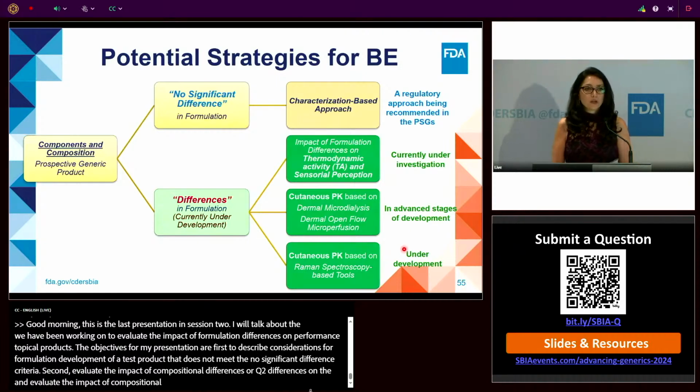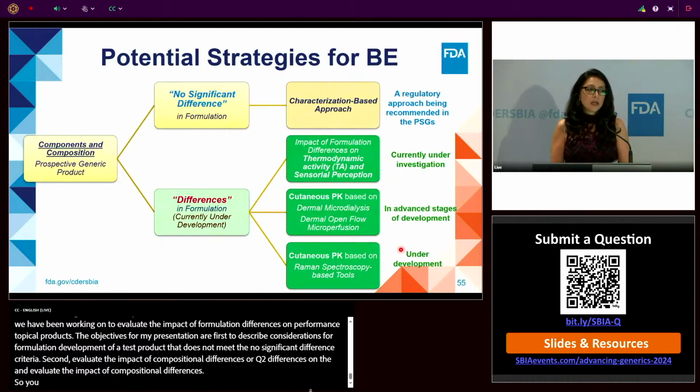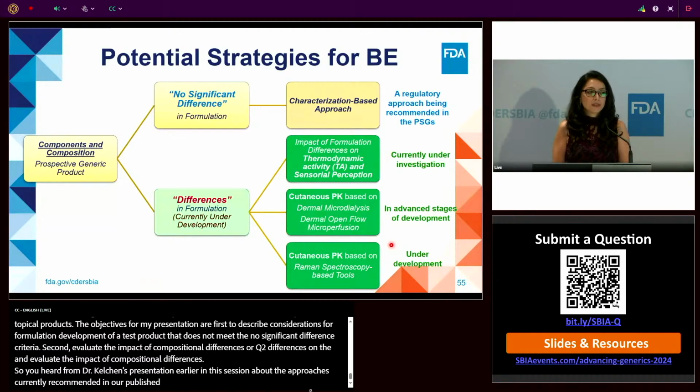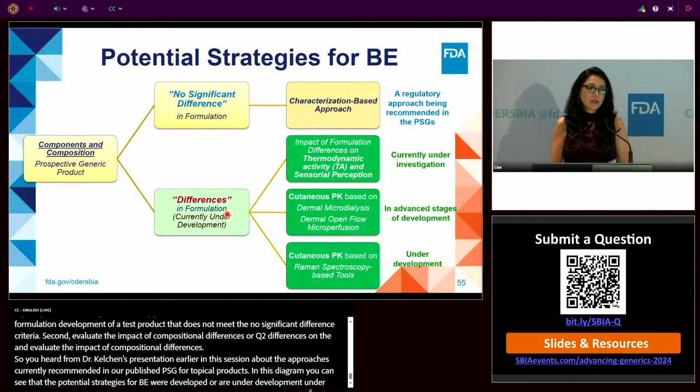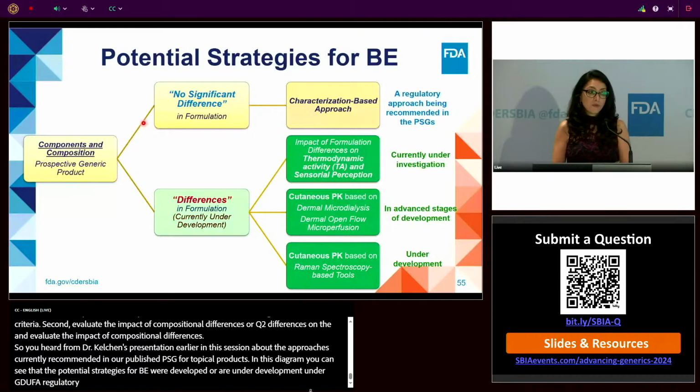So you heard from Dr. Kelchen's presentation earlier in this session about the bioequivalence approaches that are currently recommended in our published PSGs for topical products. In this diagram, you can see the potential strategies for BE that was developed or are under development under GDUFA Regulatory Science Program. And they have grouped them based on the requirement for the formulation.